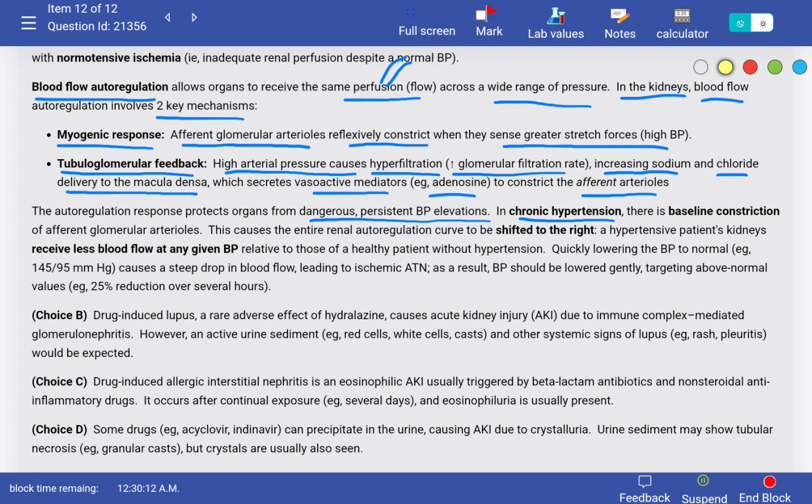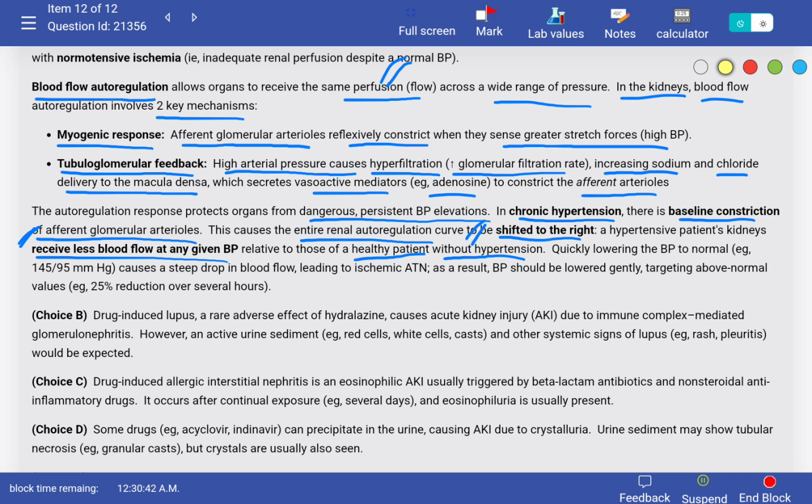In chronic hypertension, there is baseline constriction of the afferent glomerular arterioles. This causes the entire renal autoregulation curve to be shifted to the right. A hypertensive patient's kidneys receive less blood flow at any given BP. This is important. At any given BP, they receive less blood flow relative to those of a healthy patient without hypertension.